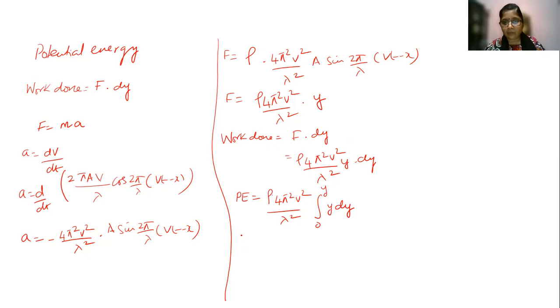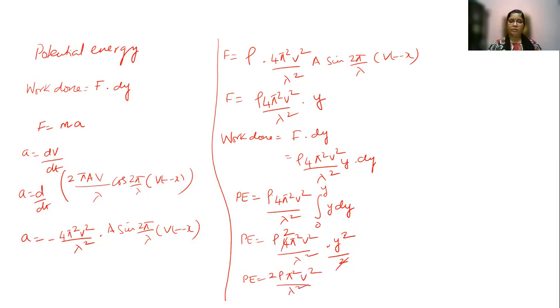So you will now get potential energy as equal to rho 4 pi square v square by lambda square, and when you integrate, it will be y square by 2. So 2 and 2 will get cancelled. I get a 2 here, and I'm also going to replace for y here. Potential energy is equal to 2 rho pi square v square by lambda square.